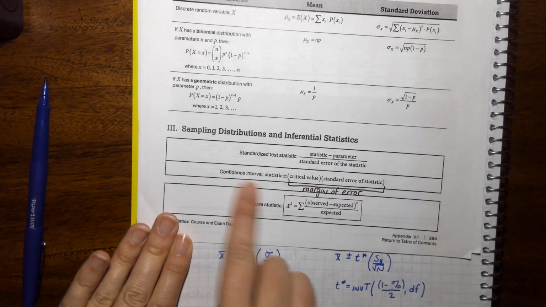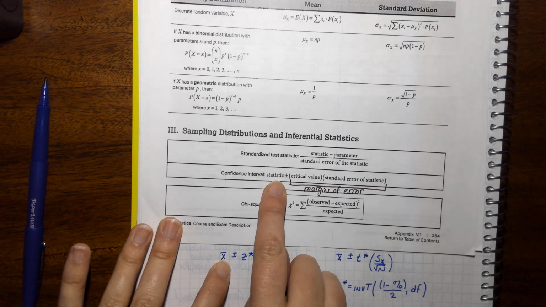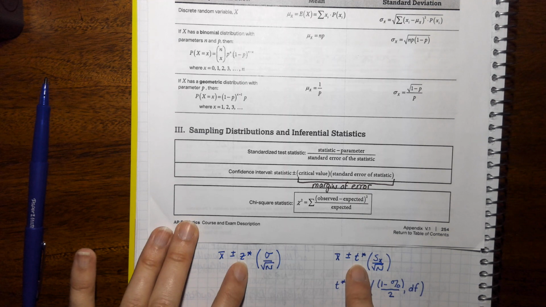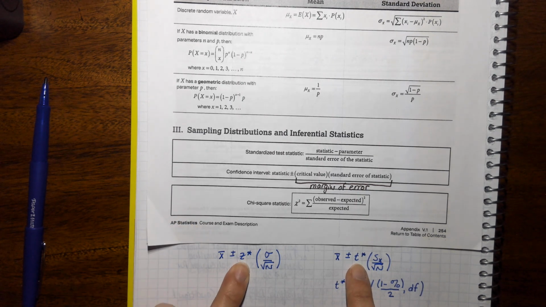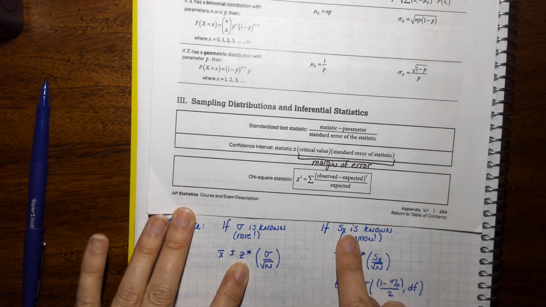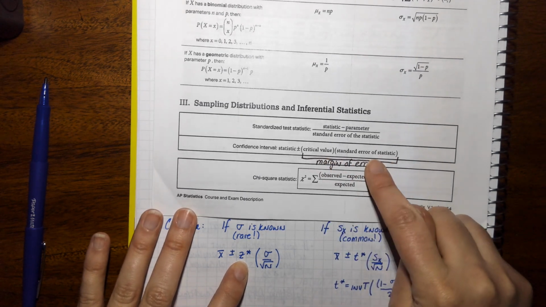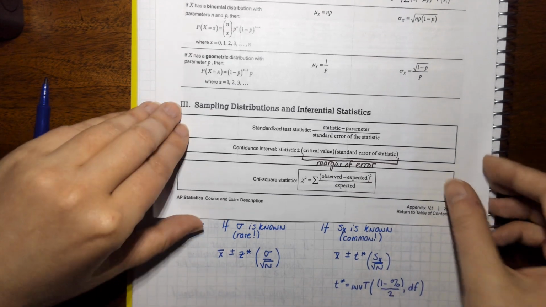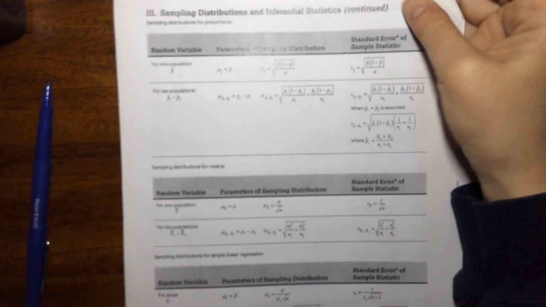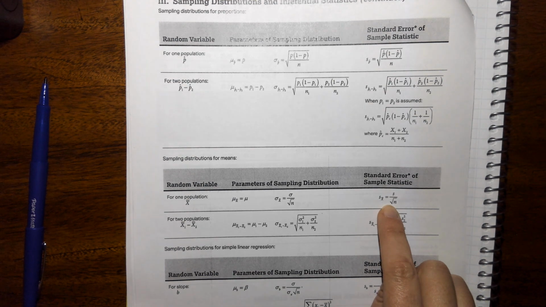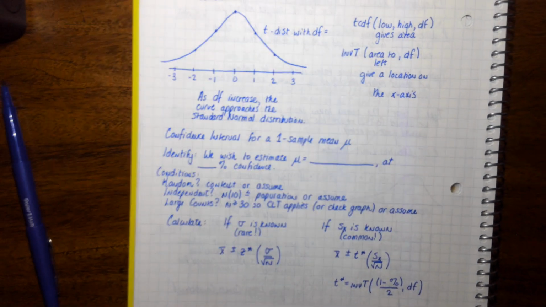For confidence intervals, the statistic is the sample mean, plus or minus the critical value, which is either z star or t star, depending on if you have sigma or the sample standard deviation s sub x. The standard error of the statistic can be located right here. If you want to mark that, I will never know.